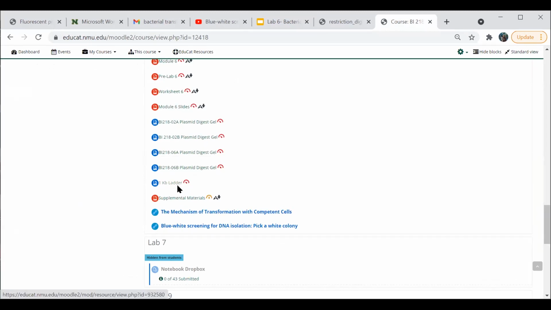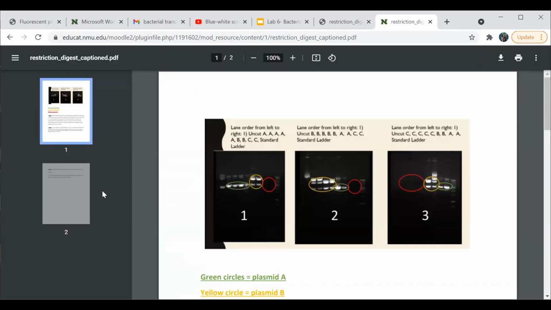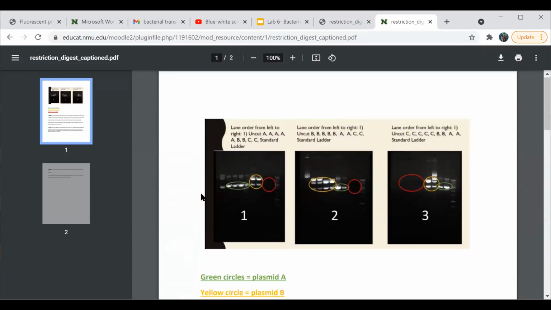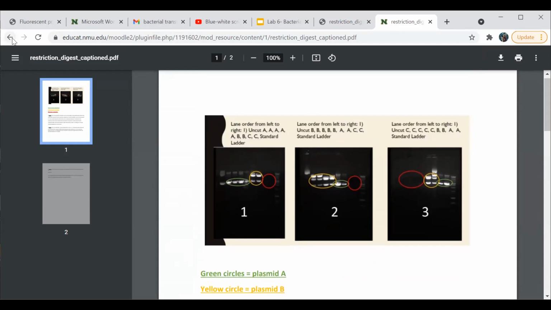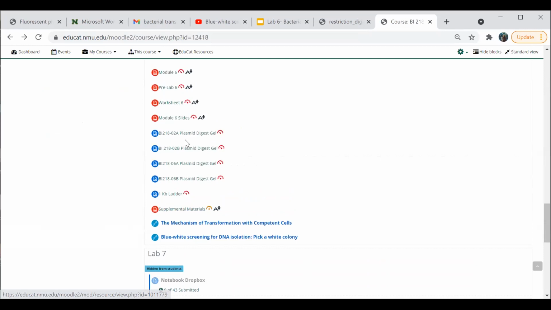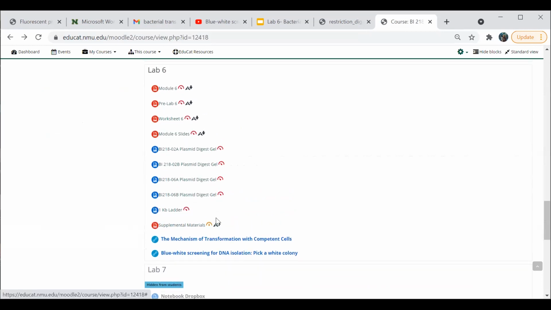Here is the KB ladder that you're going to need to include with these gels, so you know what that standard lab ladder is representing. Then here is a file for some supplemental materials. So here is some greater explanation of the restriction digest, and there will also be some images for blue-white screening that you can include in your notebook as well.